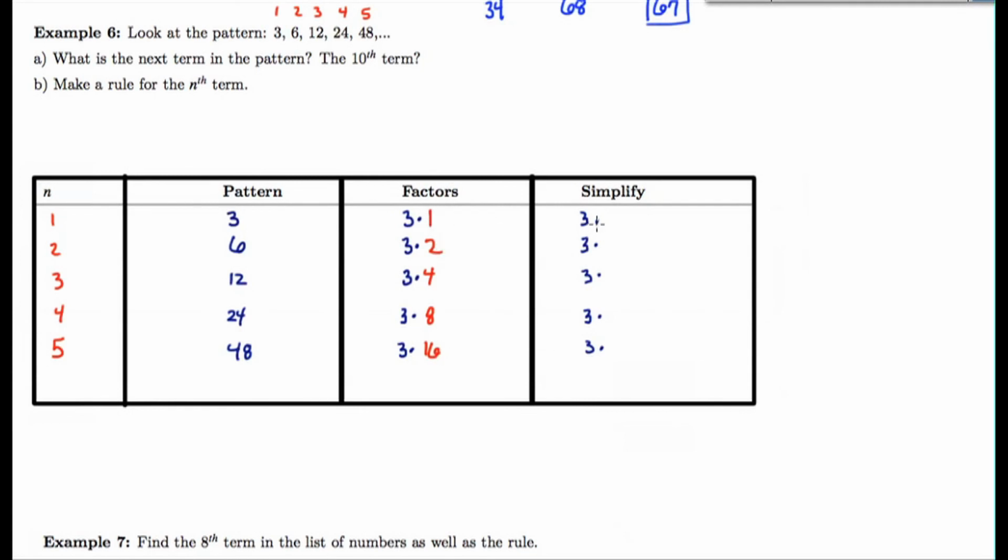And 2 to the 0 would be 1. So we can say 2 raised to the 0, 2 raised to the first, 2 raised to the second, 2 to the third, 2 to the fourth.